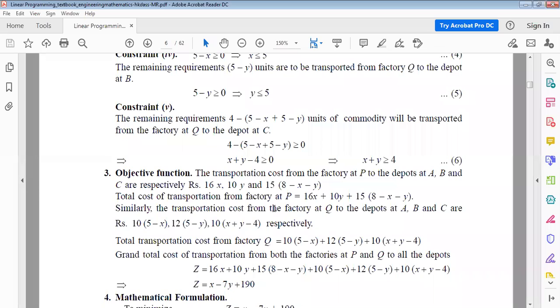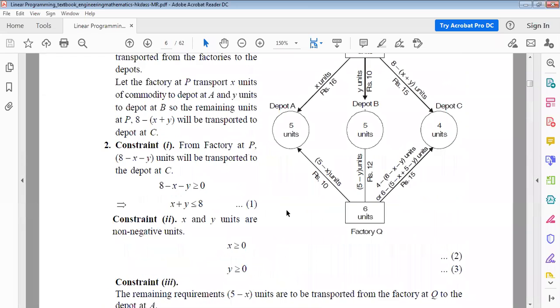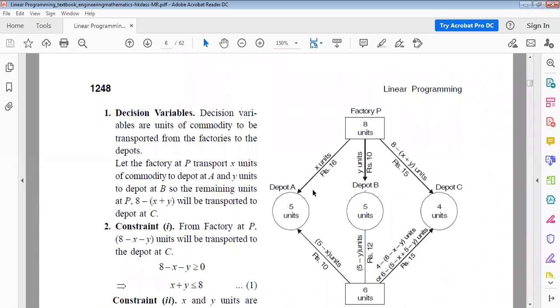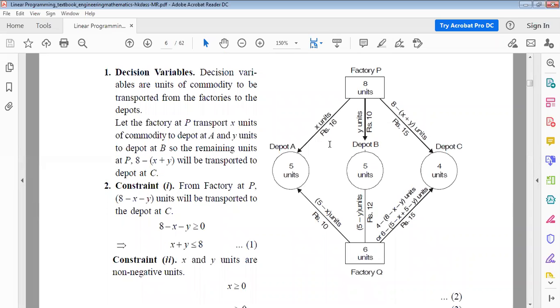Now we formulate the objective function. Actually, the transportation cost from the factory P to the depots A, B, C is given: 16X, 10Y, and 15 into this. The transportation cost per unit from P is 16 taka per unit for depot A, for depot B 10 taka, and for C depot 15 taka.